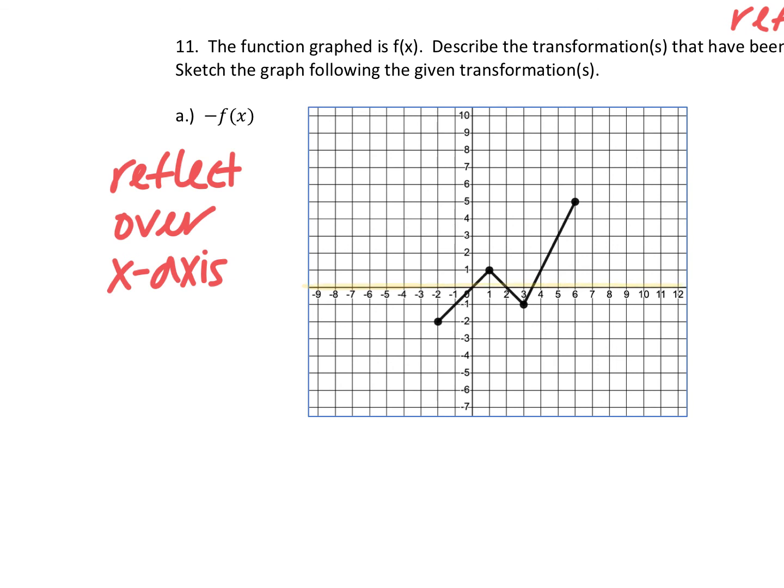You need to reflect it over that line and flip it to the other side. So you need to count how many squares away. 1, 2. So it needs to go 2 the other way so that it flips over the axis onto the other side. It's 1 away here, so it goes 1 the other way. It's just like flip-flopping. And you connect it. Should be the same graph, just flipped.